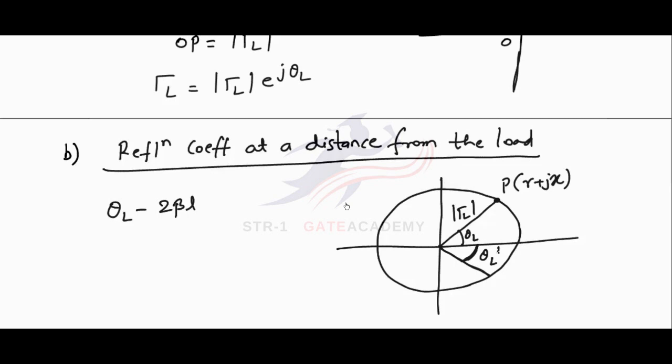So the new reflection coefficient at a distance L is because of the movement L. The reflection coefficient tau L dash has the same magnitude as mod of tau L, because the magnitude is not going to change. What will change? Only the angle will change. So the only change will be e to the power minus j theta L dash, sorry, plus j theta L dash.